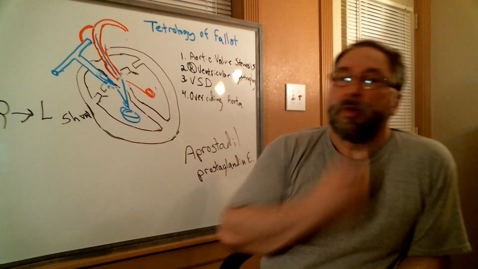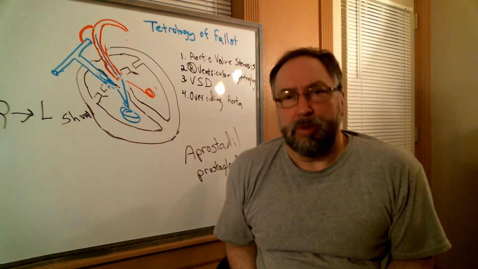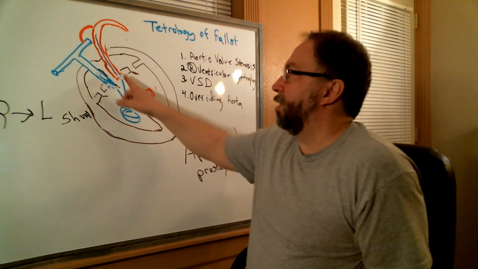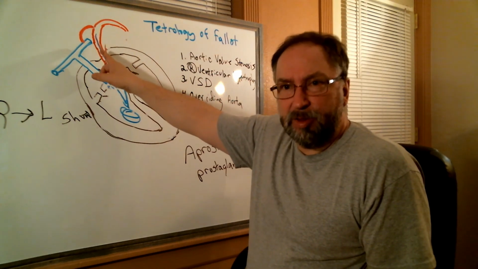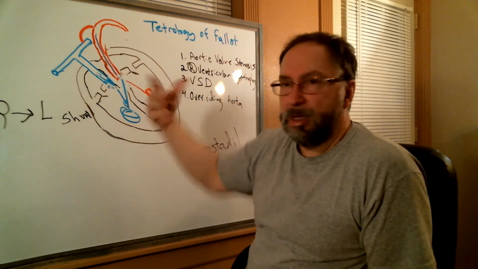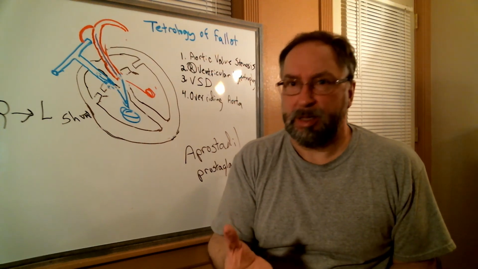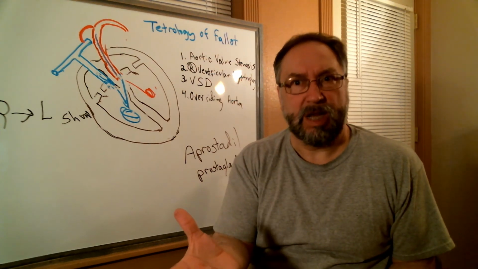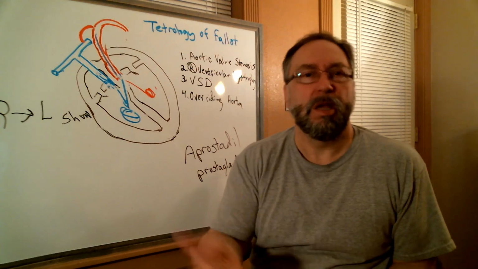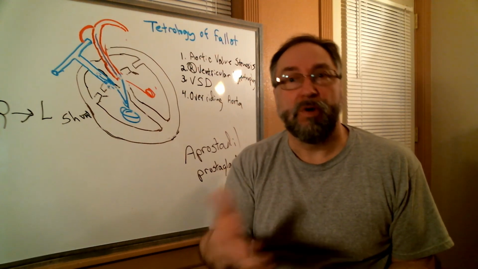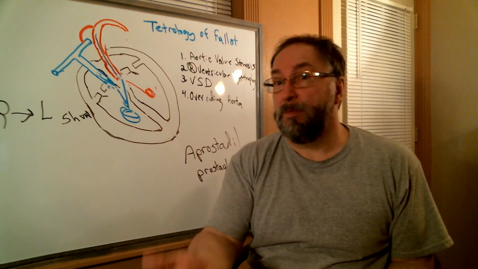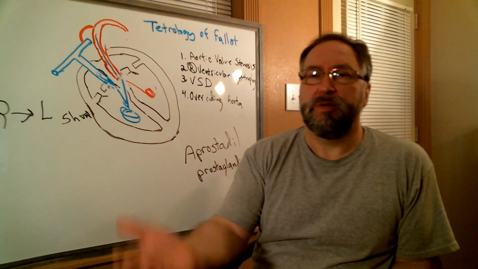Yeah, and like I said, the activity will usually decrease the resistance, the systemic vascular resistance, and the reason it does that is because your system needs more blood, so your cells start asking for more blood, so you end up with vasodilation, which decreases the resistance. And activity, like I was saying before, activity increases the temperature, so your system has to get rid of the temperature, so it vasodilates.